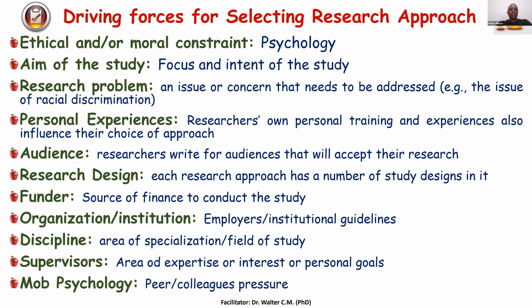So the discipline of your study or your program will also inform you which research approach to opt for, because there are some disciplines that are typically qualitative in nature. You can never go there and conduct quantitative for them. And then there are some that prefer quantitative. So the discipline you have been admitted to school for may inform you of the kind of research approach to opt for.